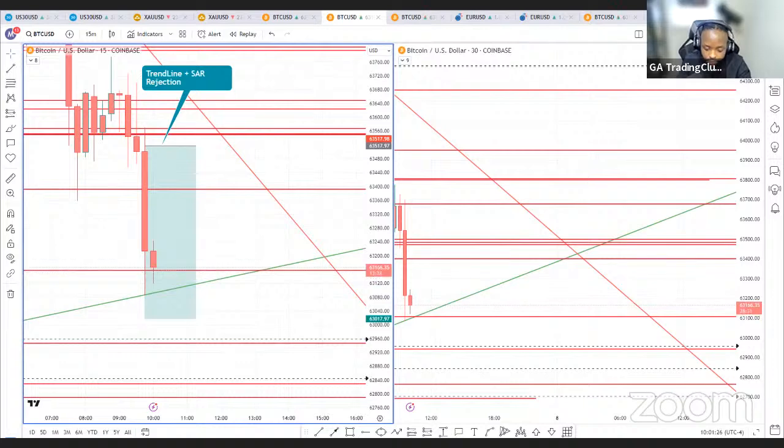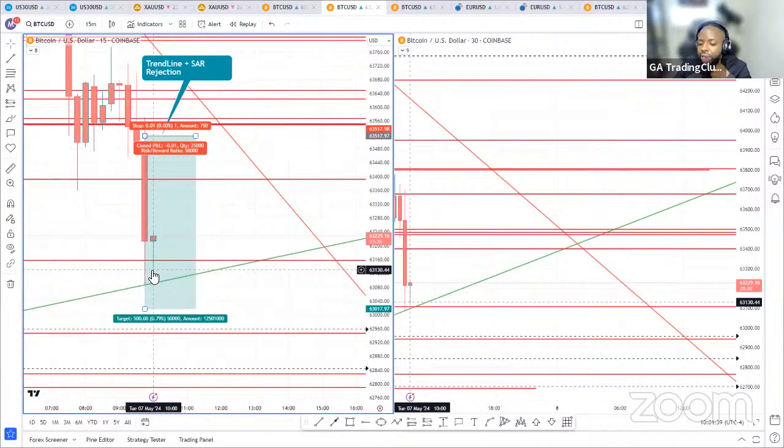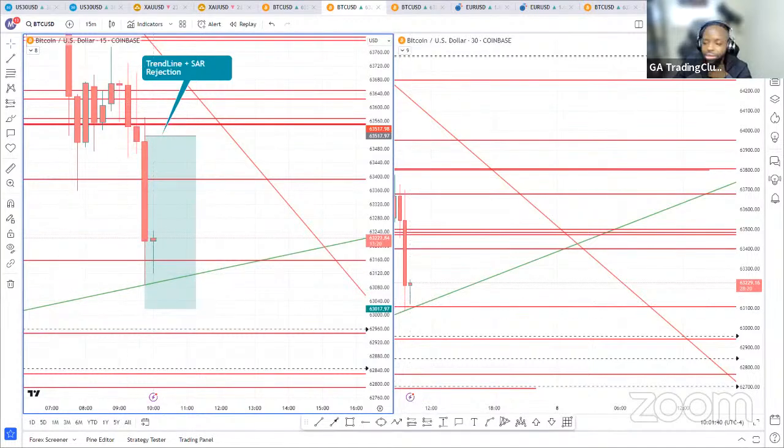And you can see we have some rejection here. So that's that 15-minute demand. Now, one thing we don't want to see here is these higher lows.